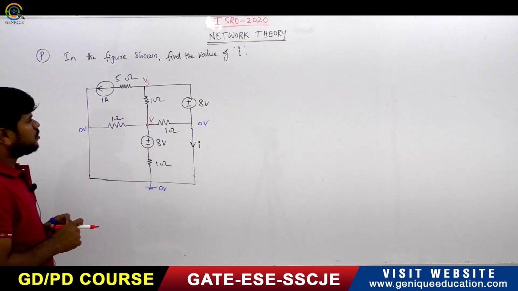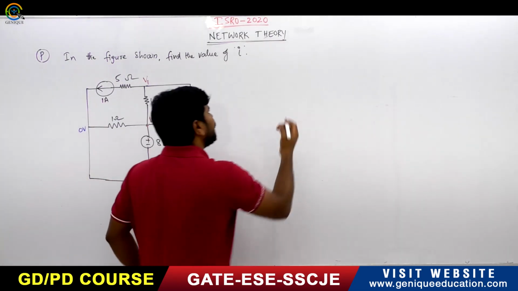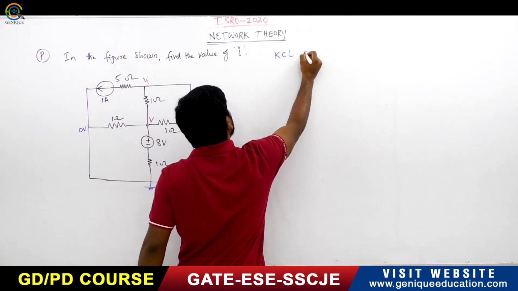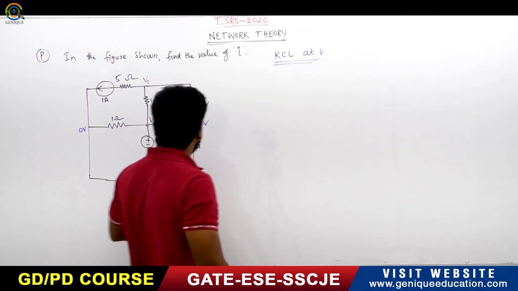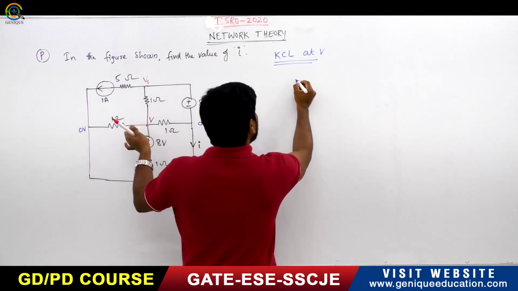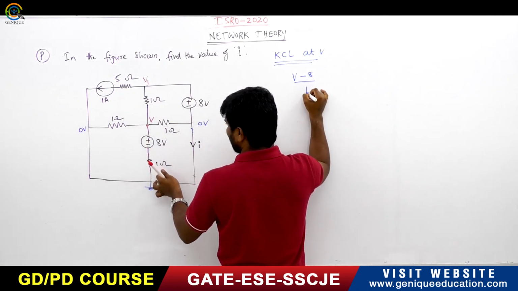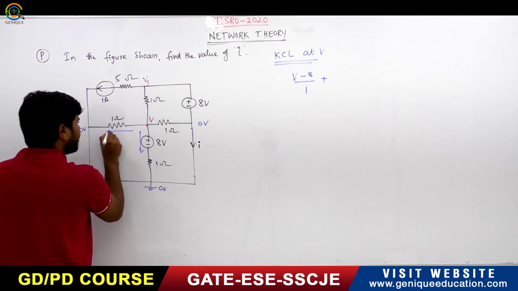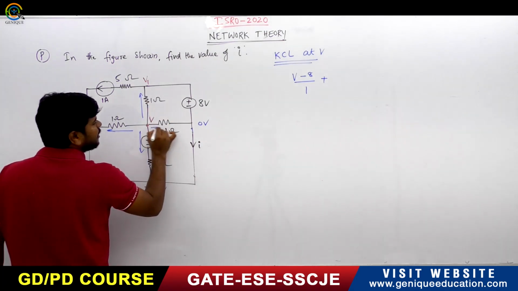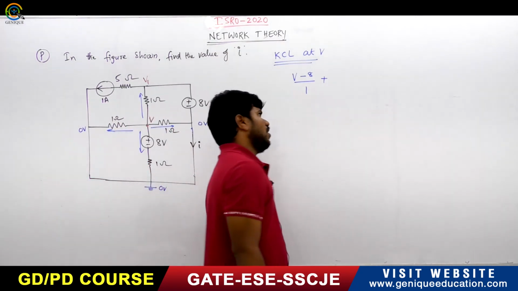Right? So if I apply KCL at node V, what happens? V minus 8 divided by 1 plus the other currents, 4 currents I have to write. I am assuming all currents are outgoing.